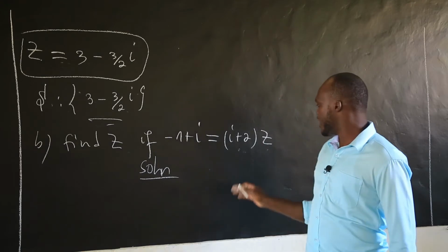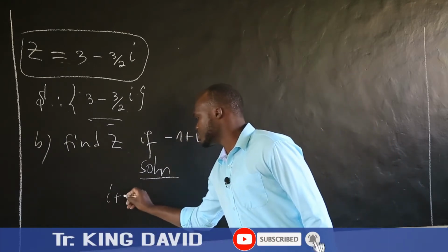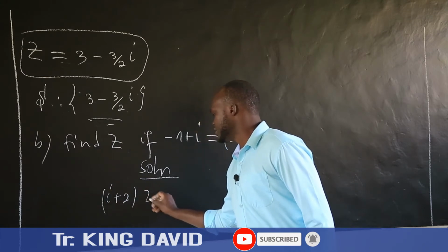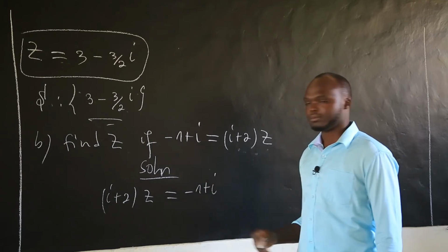We have I plus 2 times Z equal to minus 1 plus I.